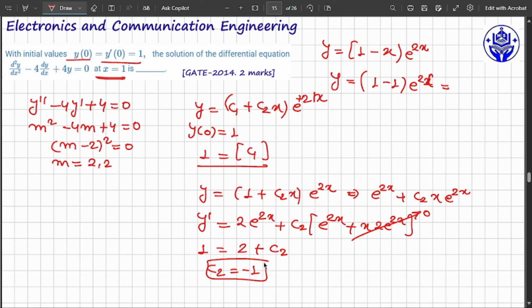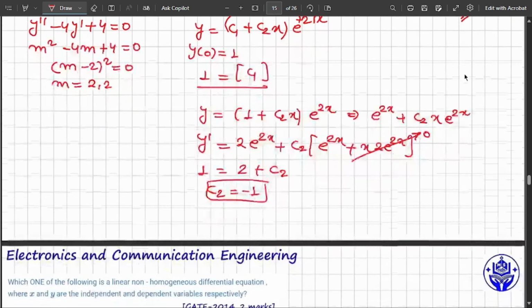If we put x equal to 1, then of course it will be 0 here, 1 minus 1 will be 0. So c1 is 1. Yeah, it will be 0. So this is the correct answer for this question.